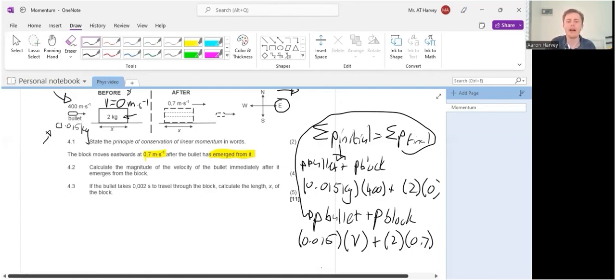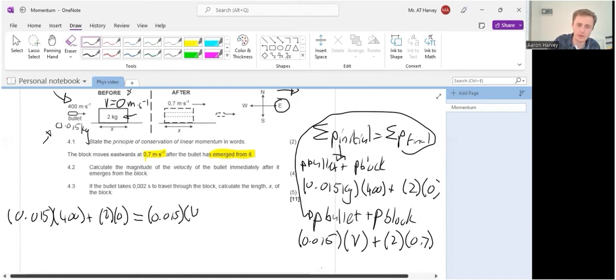But we now have the formula to calculate our momentum before the collision and our momentum after the collision. So we can write this out as a nice long formula. 0.015 times 400 plus 2 times 0 is equal to 0.015 times the velocity of our bullet that we don't know, plus 2 times 0.7.